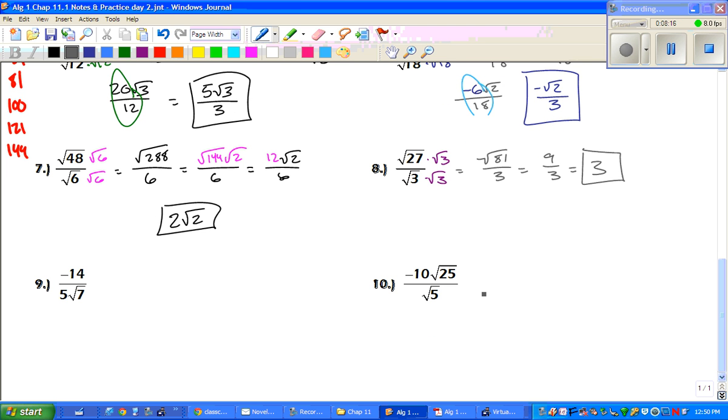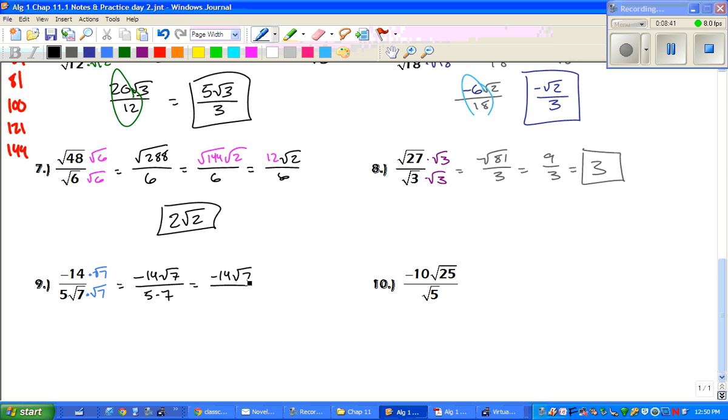All right, last one, number 9, or 9 and 10, I'm sorry. We only multiply by the radical, okay? So then we get negative 14 root 7 over 5 times 7.